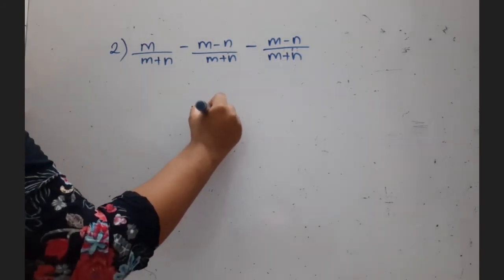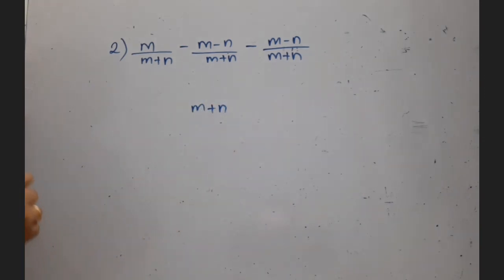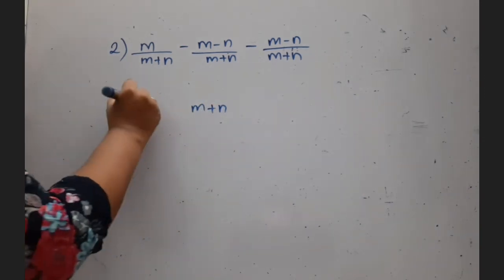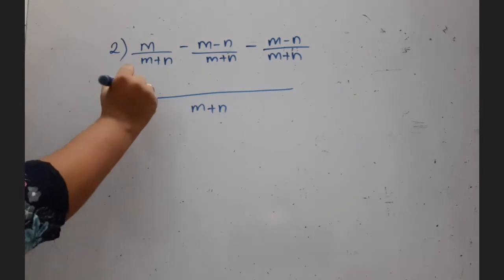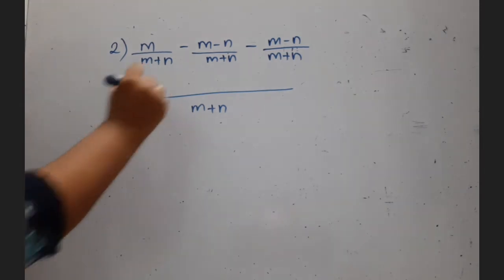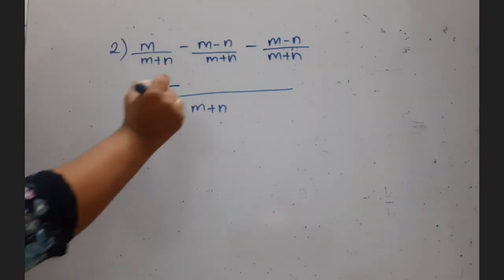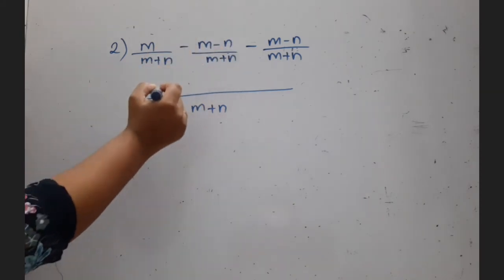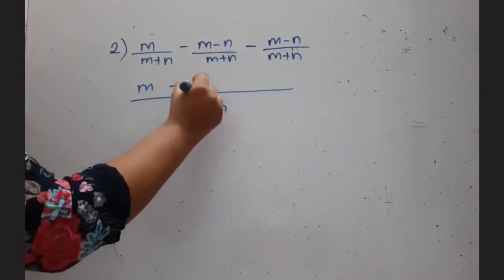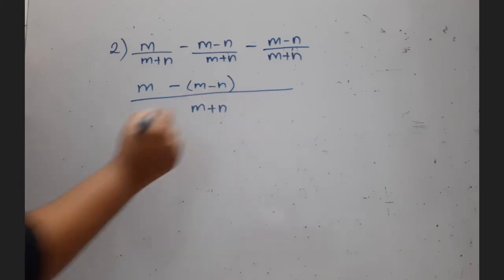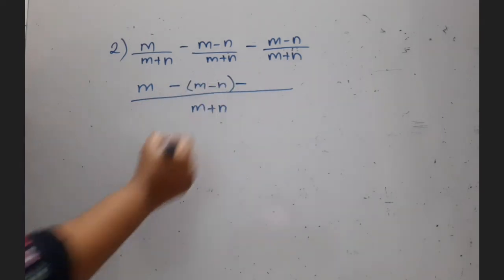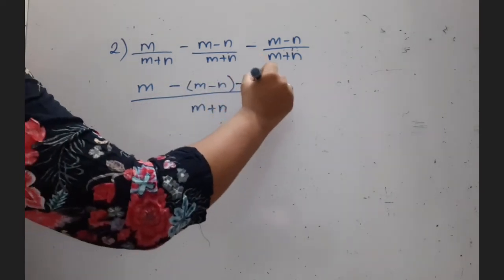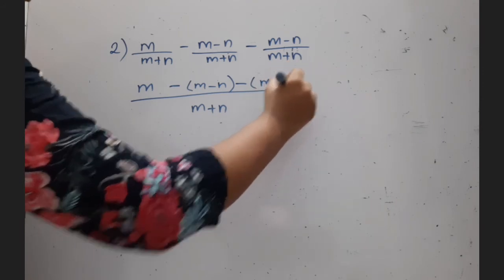So the denominator is going to remain the same. Am I right? Now let's write m minus, since we are subtracting the entire expression, we must put it within the brackets. Again minus, again we should write it within the brackets.